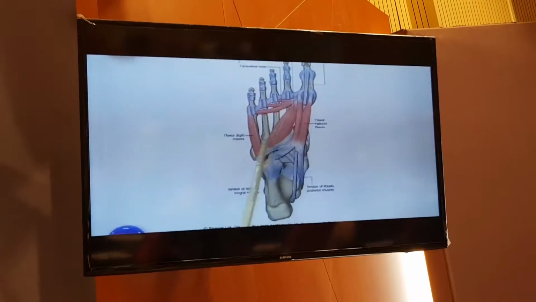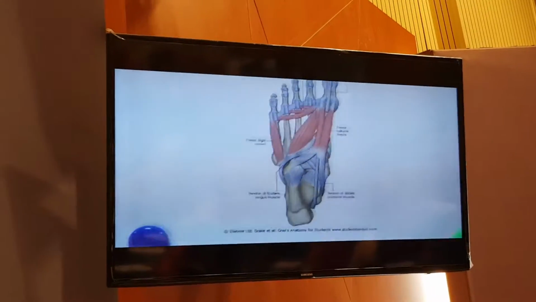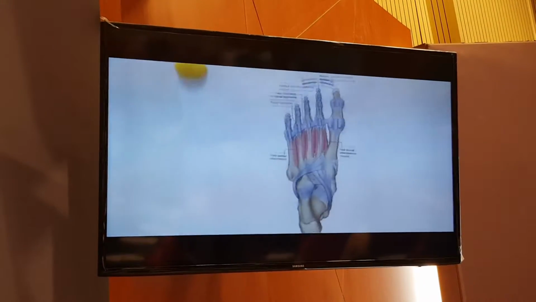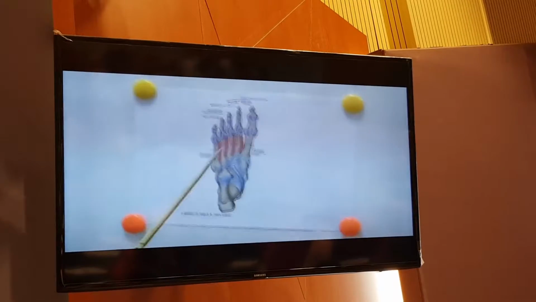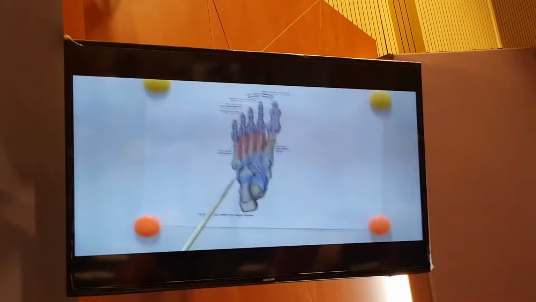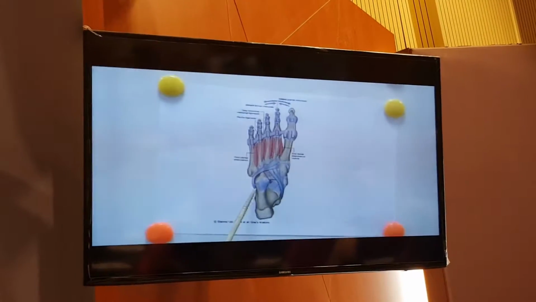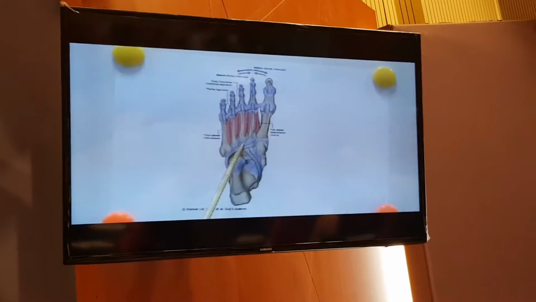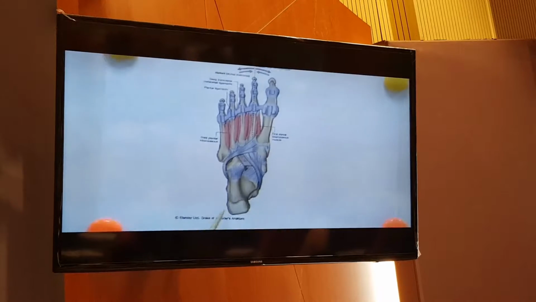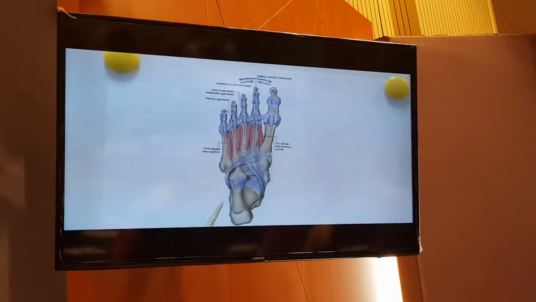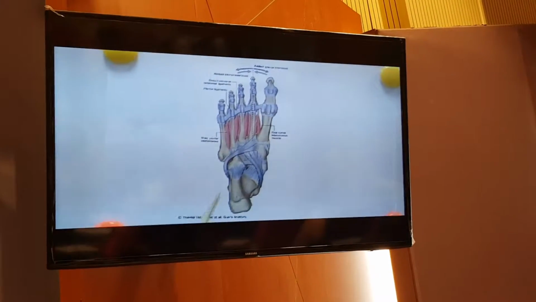Deep to this third layer, we have the fourth layer. If you see very carefully here, here is your peroneus longus muscle. It is from the lateral compartment of the leg. We have two muscles there, peroneus longus and peroneus brevis.